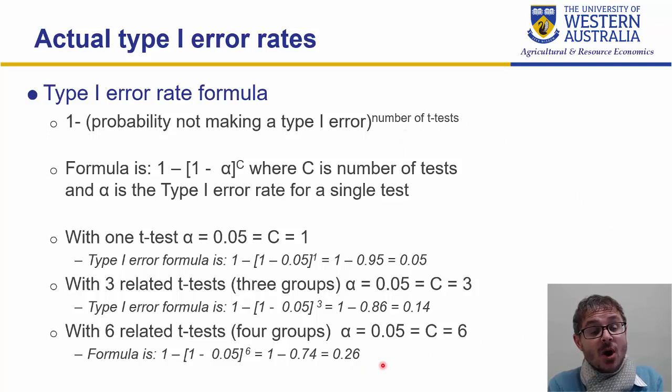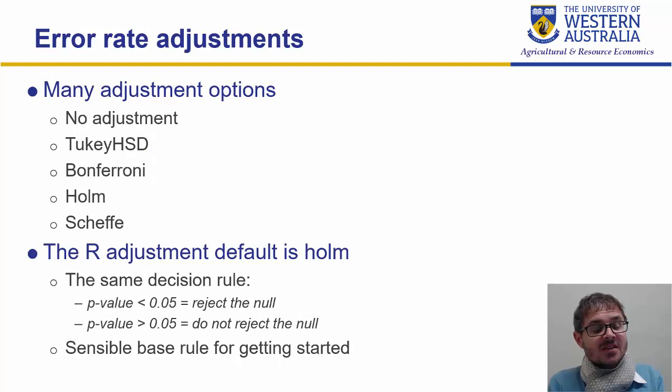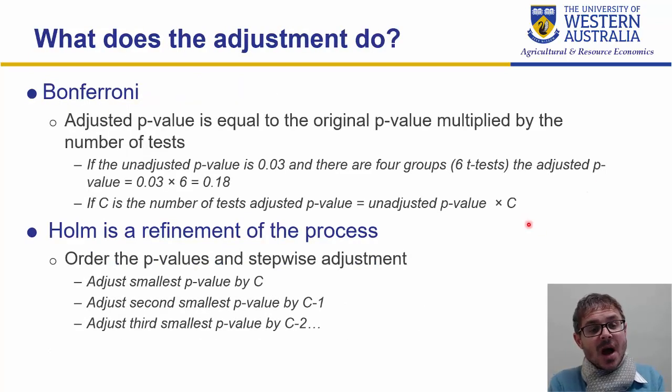So 4 groups is common for us. So when we have four groups and we compare all the groups, if we make no adjustments, the chance of making at least one type 1 error across those 4 t-tests is actually a quarter. So that's unacceptably high. So we need a mechanism to control that. There's a really simple logical way, which is to adjust the p-values by the number of tests that you're doing.